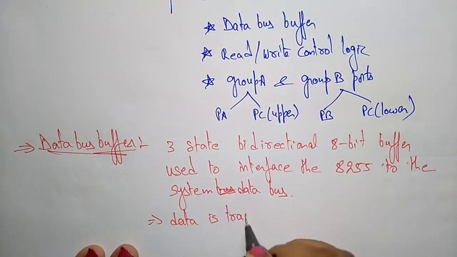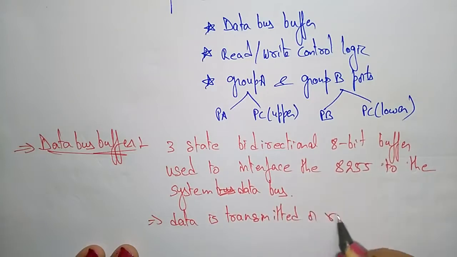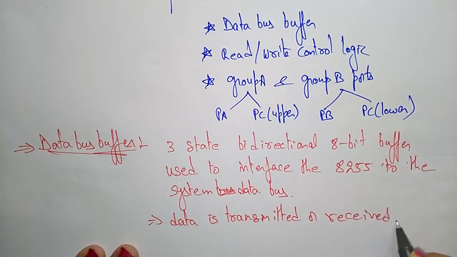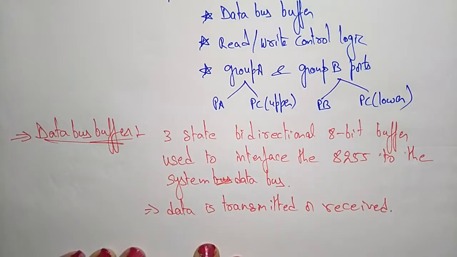The data is transmitted or received based on the execution of the input instruction given by the CPU. And here the control word and status information are also transferred through the data bus buffer.